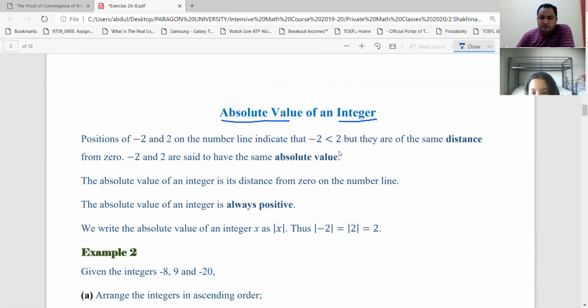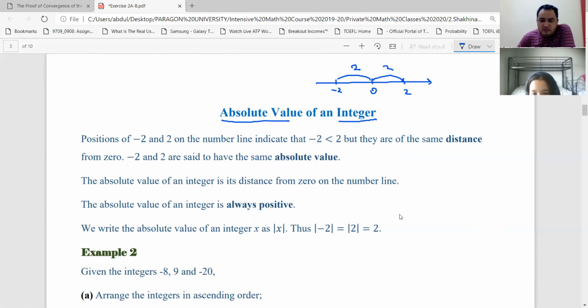For example, take -2. Here we have 0, here we have -2, and here we have 2. What is the distance between -2 and 0? That is 2 units. And the distance between 0 and 2? Also 2 units.